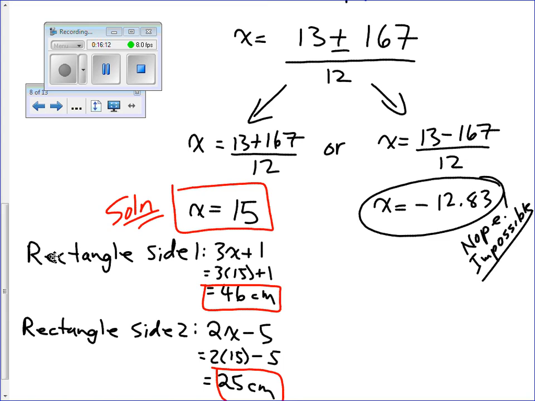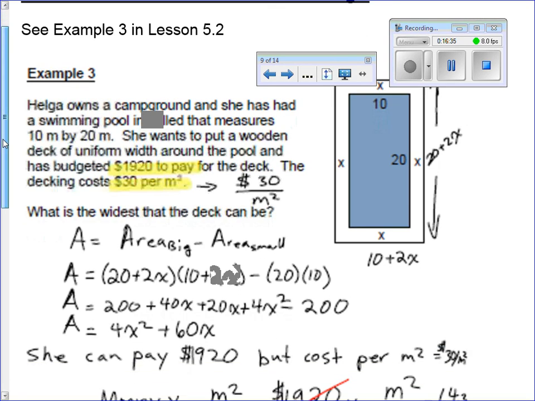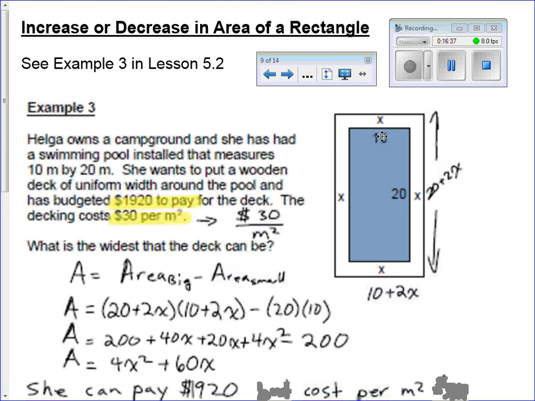Now, make sure you work on these specific questions before we move on to the homework. This is example 3, i.e. example 4 on our sheet. I used to call this example 3 from lesson 5.2. This is where we were actually calculating the solutions for this rectangle, this pool.